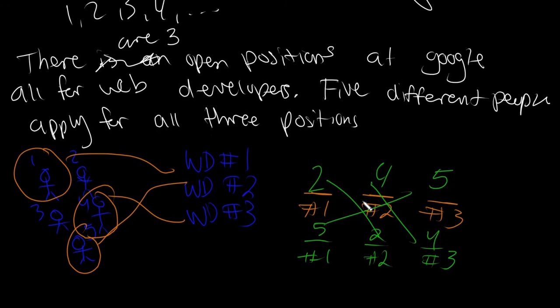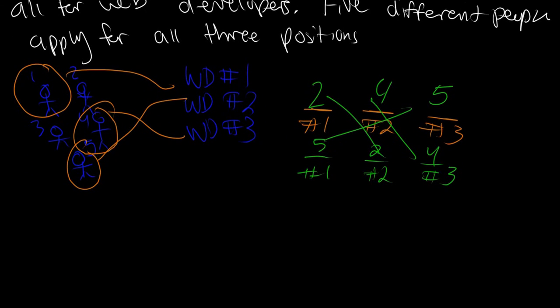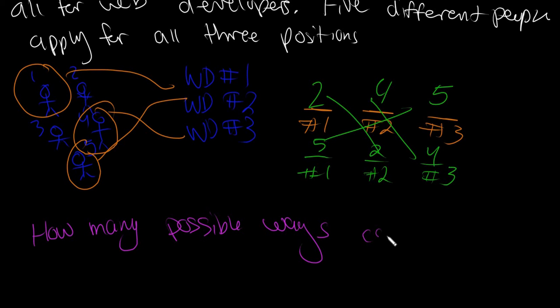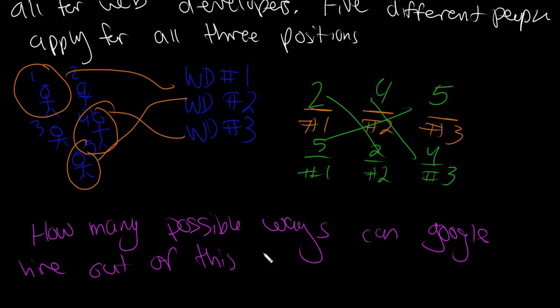So my question is, how many possible ways can Google hire out of this pool? And we're going to assume that they fill every position.